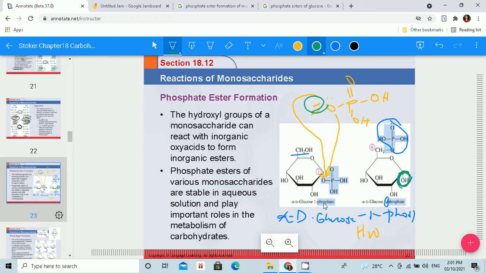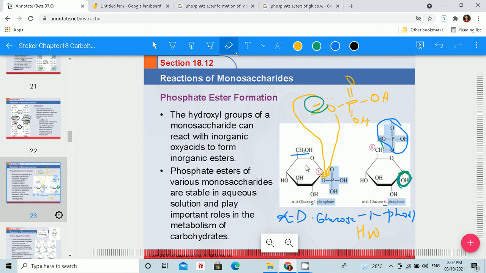So it's 1 here because the phosphate ion is in our carbon 1. It's 6 here. The name of the second structure is alpha D glucose 6 because the phosphate is in carbon 6. That's the locant, the position of our phosphate.